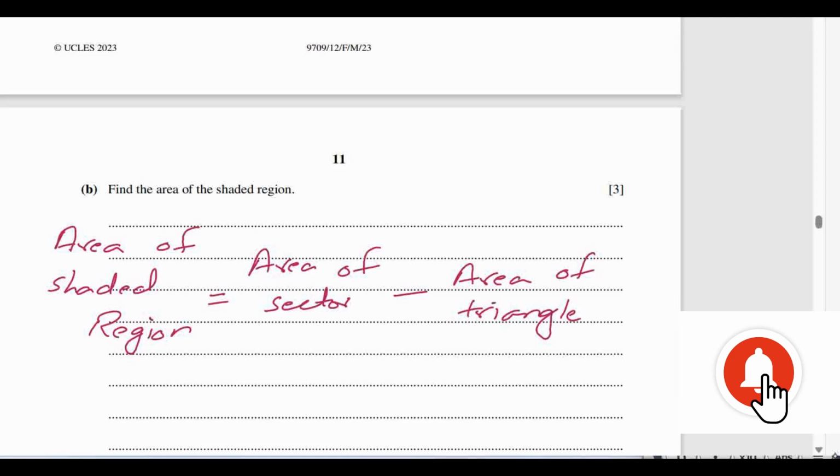Now the formula for area of sector is 1 by 2 r square theta minus 1 by 2 area of the triangle. It is not right angle triangle, so we will use this formula.